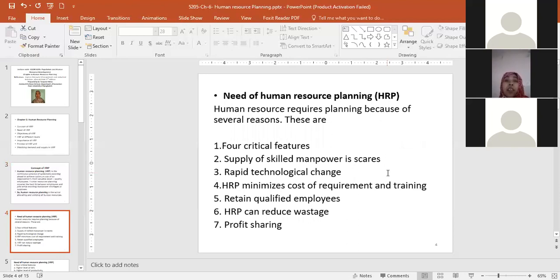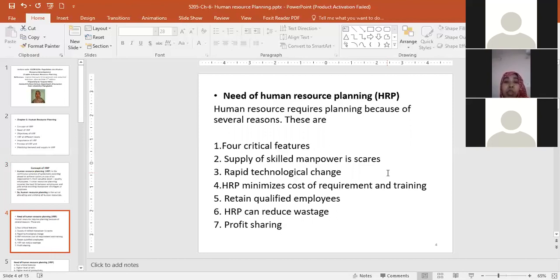And then now I'm going to discuss the need of human resource planning. Why do we need human resource planning? Okay. So human resource requires planning because of several reasons. These are: one, four critical features.